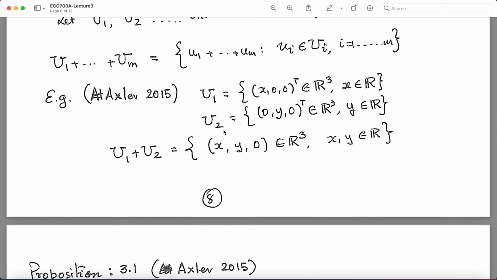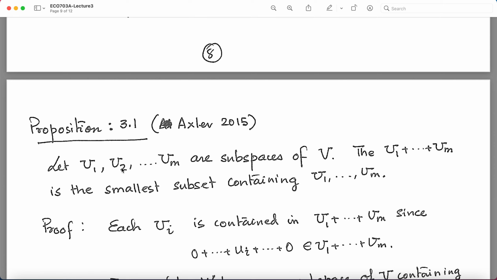Then if I take their sums, I may not get back elements which are within the union of these three, or the sum may not be a subspace. So unless these are subspaces, the sum may not be a subspace, that is the whole point. If these are subspaces, the sum is a subspace.